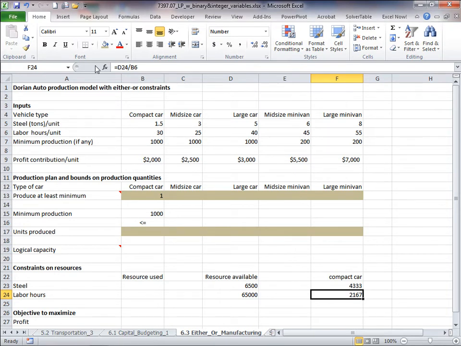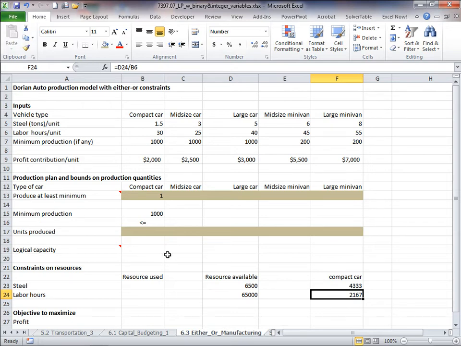So what is our logical capacity then if we choose to produce the compact car? It's the smaller of the two numbers, right? How would we model that in Excel? Well, how about this?